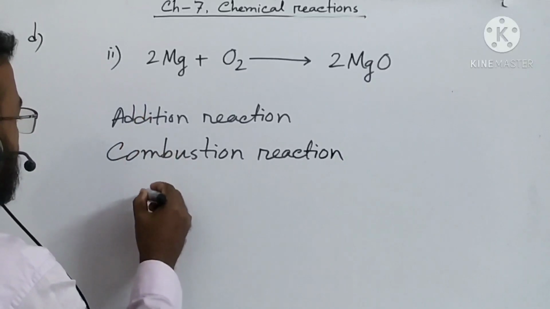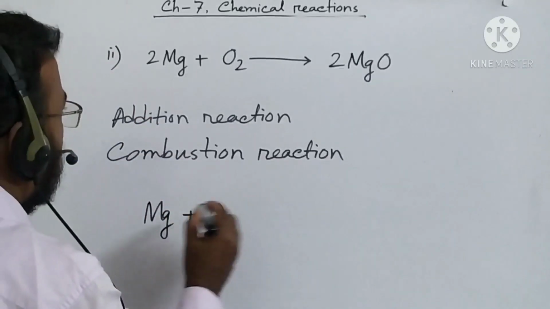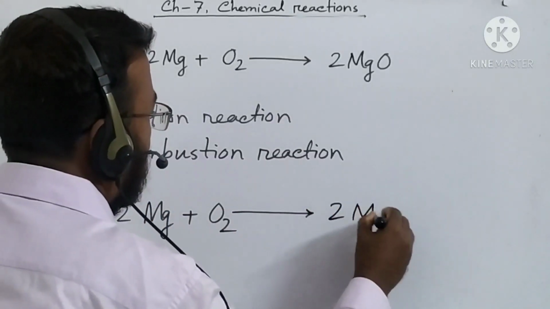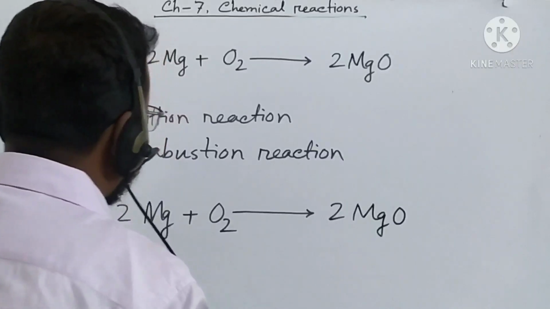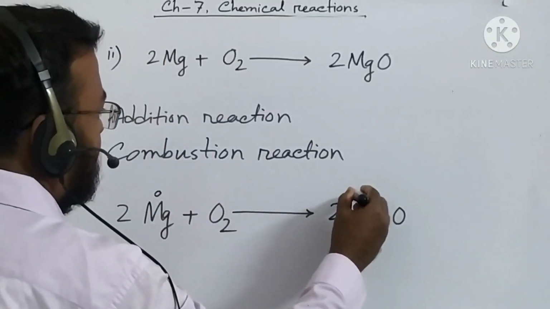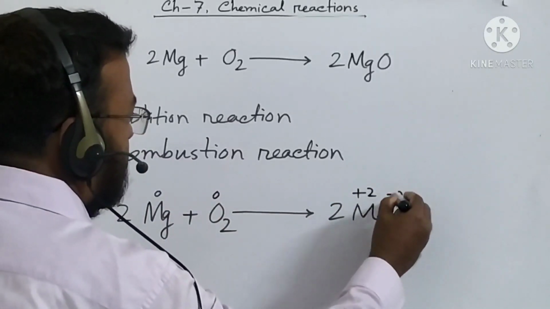Okay, then I am writing, everybody, you also write. It is magnesium plus oxygen, then it is magnesium oxide. So here everybody see that magnesium is neutral, but here it is plus 2. Here oxygen is neutral, but here it is minus 2.